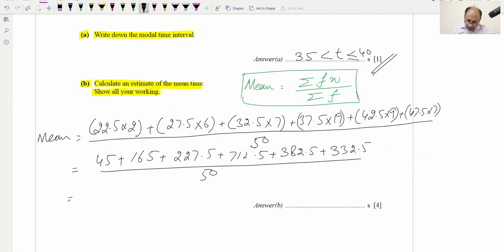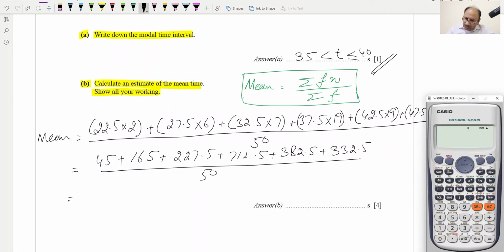Now we can write the fraction. The whole fraction is 45 plus 165 plus 227.5 plus 712.5 plus 382.5 plus 332.5.